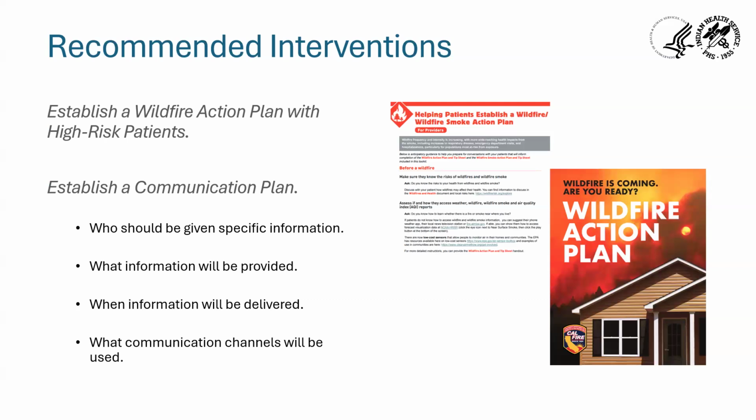Are you going to be providing shelter information, air quality information, information on strategies to reduce exposure, things like that. When, so if you can set your threshold of whenever the AQI is above 50 or above 100 in your community, this is when you're going to deliver information, and also the channel. So social media, radio, door to door, things like that. Just have that outlined in your plan and when to implement it.